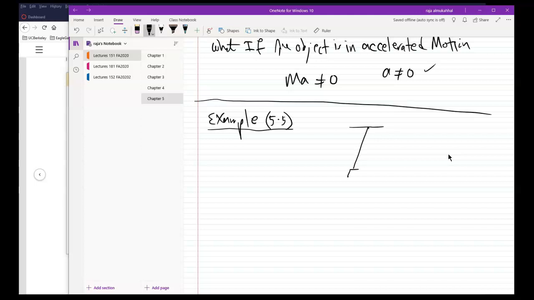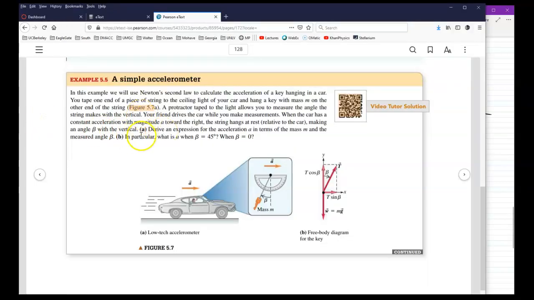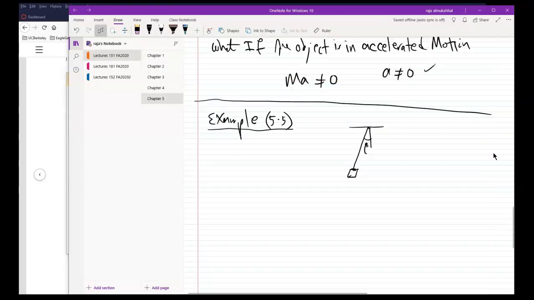I'm going to turn it into a block again, just like that. And there is an angle here. He's calling it beta. I forgot the data here, sorry. The string is making an angle beta. Okay, the mass of the key is m, and then we'll put the numbers later. All right, derive an expression, okay? So we have the mass of the key is m.